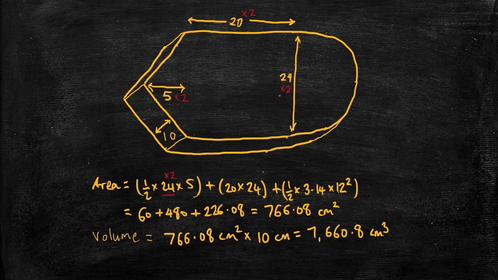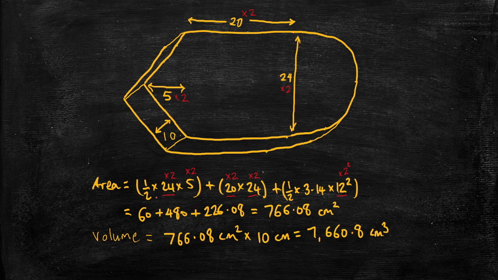That's over here. This 5 is also multiplied by 2. This 20 is multiplied by 2, as is the 24. And then for the semicircle part, the 12 here, which was the radius, is multiplied by 2. But notice the radius gets squared, so that scale factor is squared as well.